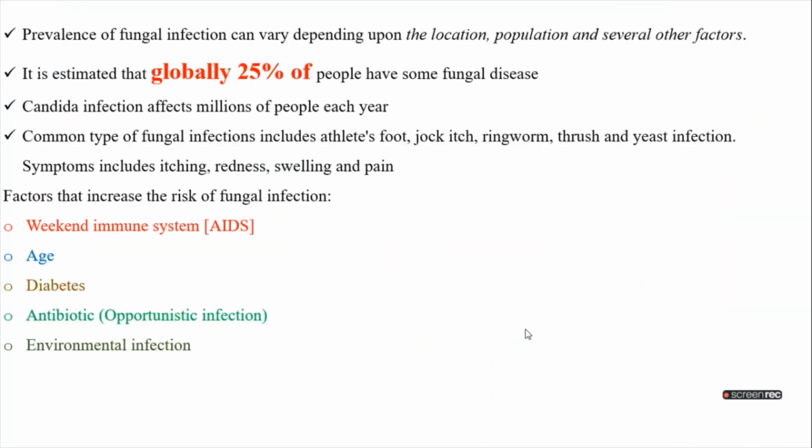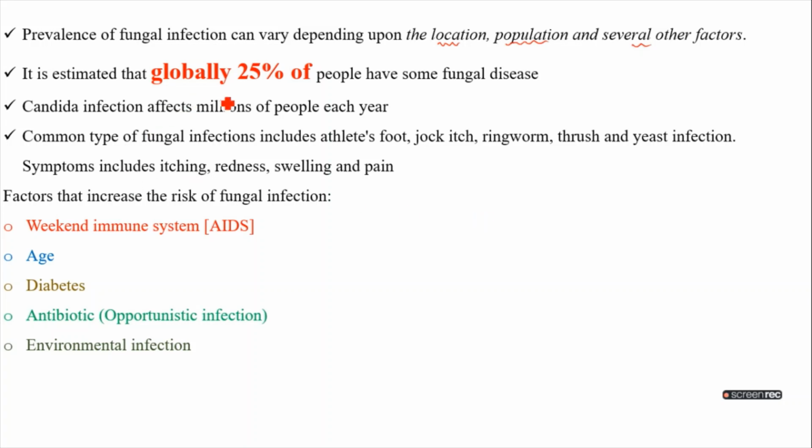Okay, next. If we talk about the prevalence, the prevalence of fungal infection basically depends upon the location where you live, the काइंड ऑफ पॉपुलेशन एंड द सेवरल अदर फैक्टर्स. देखो, चीज ऐसा होता है कि फंगल इन्फेक्शन बेसिकली कैसे होता है. इफ व्हेन ए पर्सन डजंट मेंटेन द हाइजीनिटी, then the chance of fungal infection is very high.